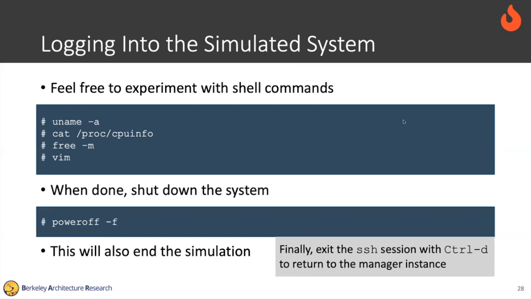Now, in this case, we're working with the simulation interactively, right? We're typing commands, we're typing uname. Normally, you probably don't want to do that if you're scripting up 100 machines that all want to run your benchmarks in parallel. So like in FireMarshal, I mentioned that there was a command field where you immediately run the script or your binary.